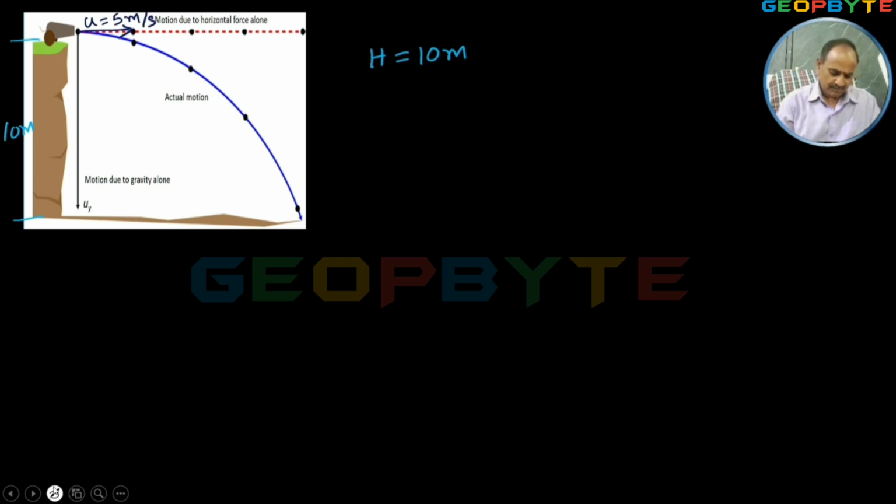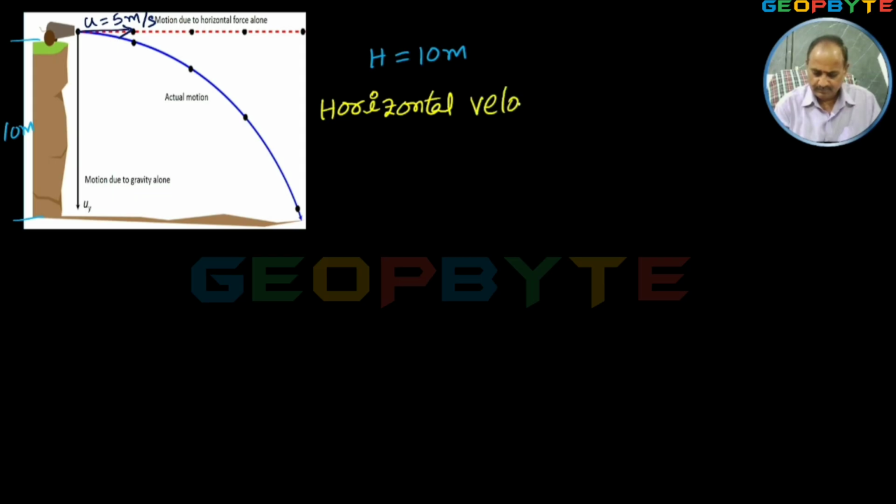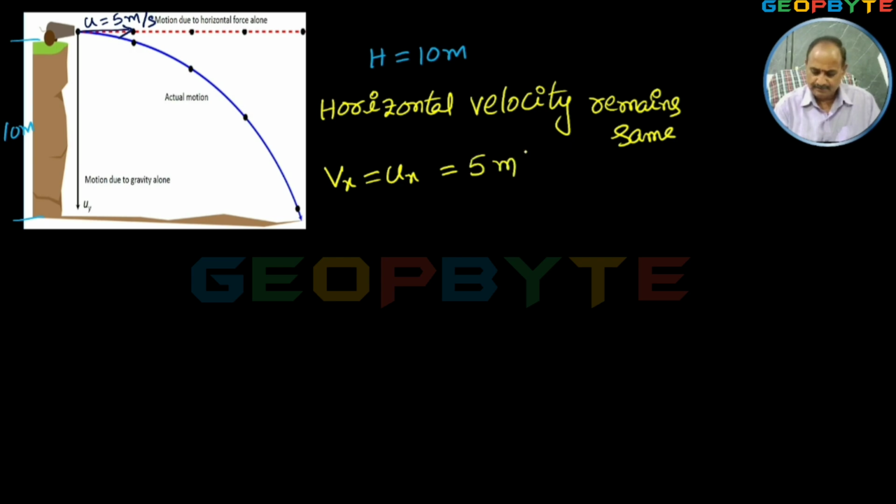Dear friends, remember, horizontal velocity remains same. That means the Vx is equal to Ux is equal to 5 meter per second. But Uy equal to 0.